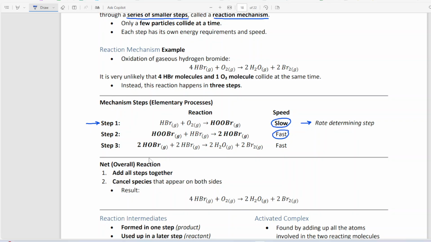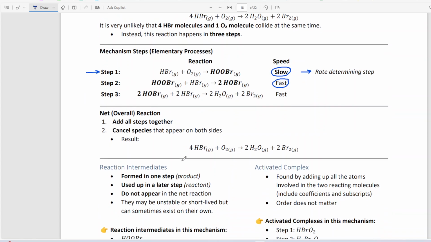Then these two HOBrs are going to combine with the last two hydrogen bromides to form the two waters and the two bromine gases. So the net overall reaction is what's going to be left if you add all these three steps together, canceling out any species that appear on both sides.